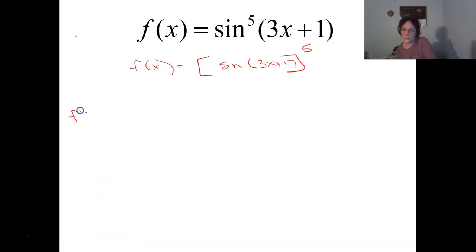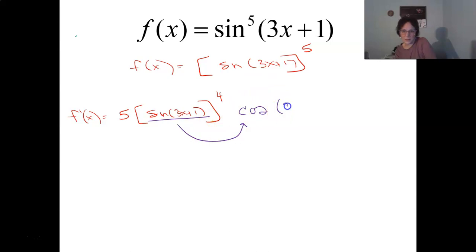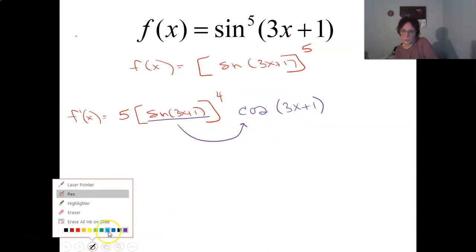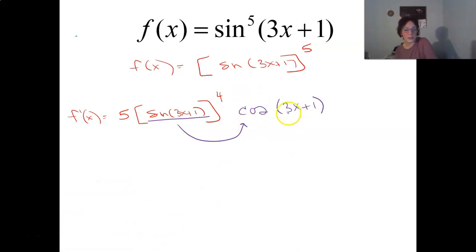So if I do f prime of x here, that's going to be 5 times this stuff to the 4th. Now, we have to take the derivative of this. The derivative of the sine of something is the cosine of that something. And it couldn't have just been an x. It had to be the cosine of something else, another cloud.